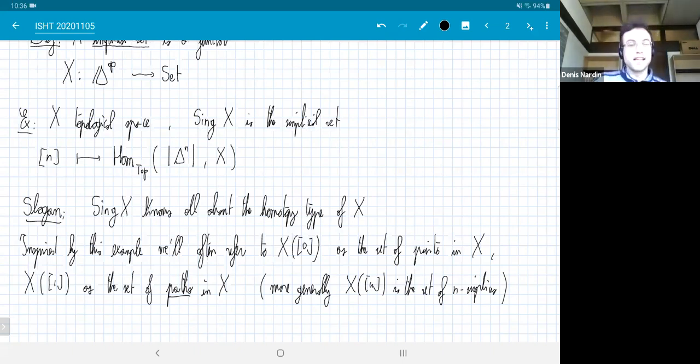Hopefully, given this example in Sing X, Sing X[0] is literally the set of points of the topological space X, and Sing X[1] is literally the set of paths.